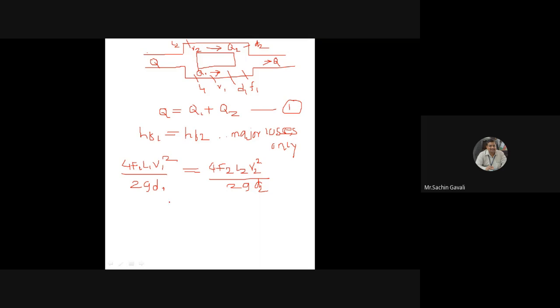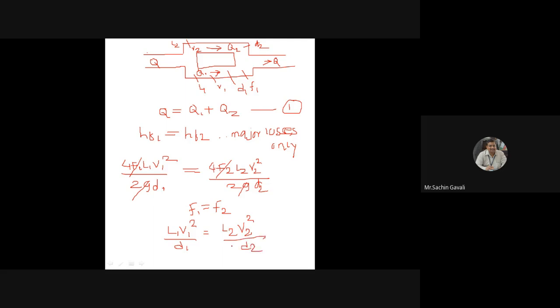If F1 is equal to F2, meaning both pipes are made of the same material and have the same coefficient of friction, then the 4F1 2G and 4F2 2G will get cancelled, and then L1 V1 square divided by D1 is equal to L2 V2 square divided by D2.